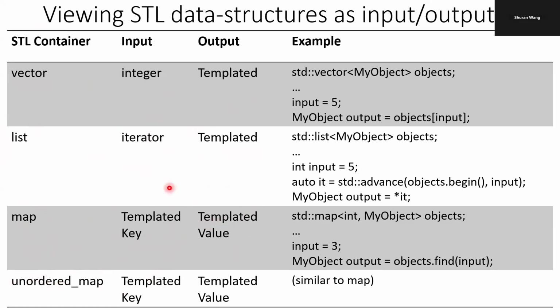Our map, unordered map, inputs templated key, outputs templated value. Remember, vector is like an array. List is a linked list, doubly linked list. Map is binary search tree. Our map is hash table.